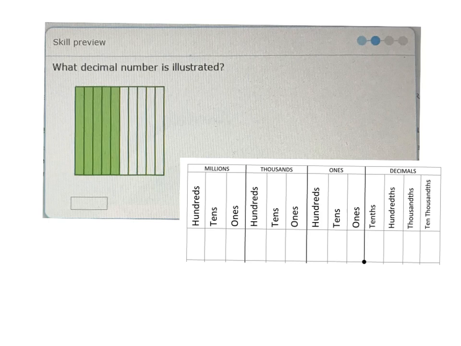This example has the same question, what decimal number is illustrated? But this time we notice the whole isn't split into 100 pieces. It's split into 1, 2, 3, 4, 5, 6, 7, 8, 9, 10 tenths of a whole. So obviously we're going to put our number in the tenths column. And we have 1, 2, 3, 4, 5 filled in.